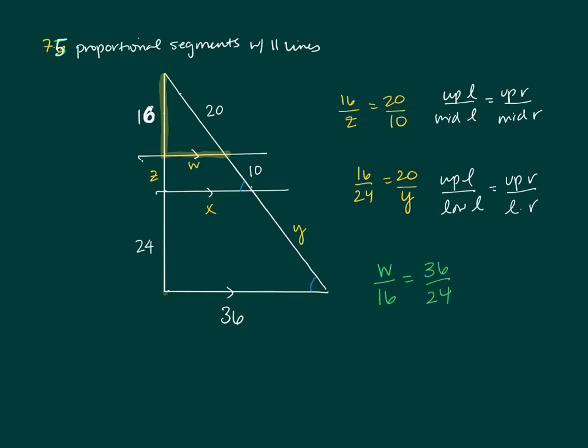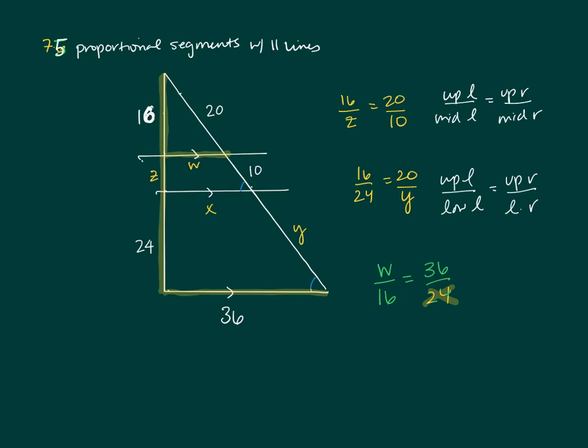So when you're talking about 36, you would need to put it over the entire side of the triangle. So you wouldn't want to use just 24. You would want to use 24 plus 16 plus whatever z was.